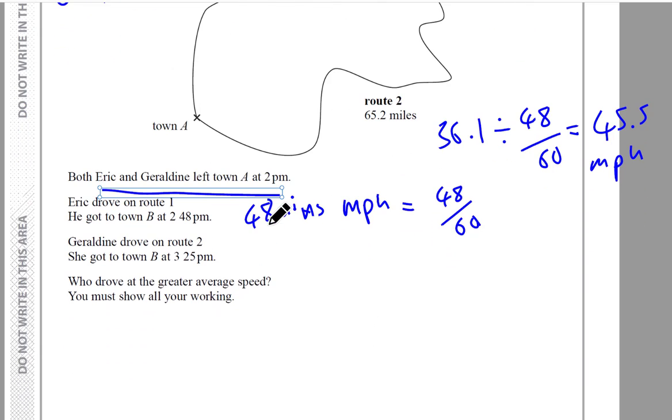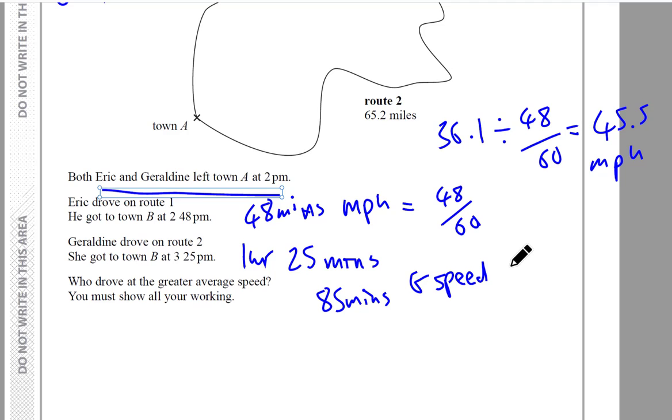Let's do this for Geraldine now. So let's look at Geraldine's time it took. That's 1 hour and 25 minutes. So that is 85 minutes. So Geraldine's speed is going to equal 65.2 divided by 85 over 60.